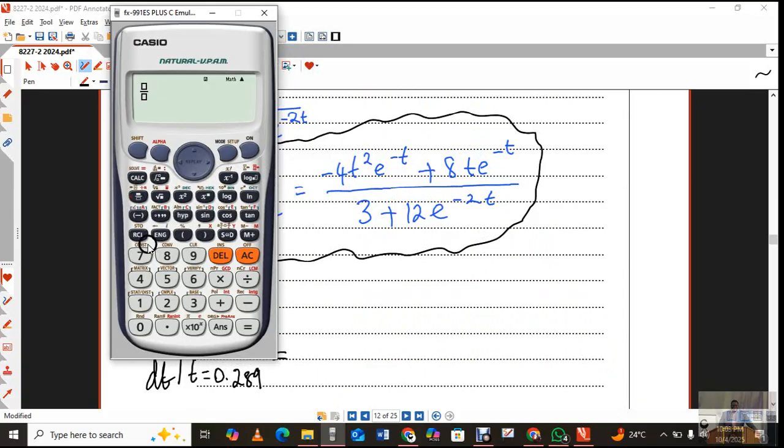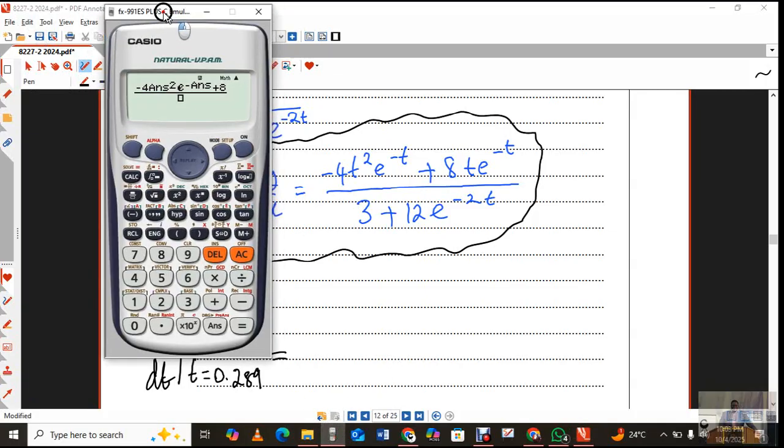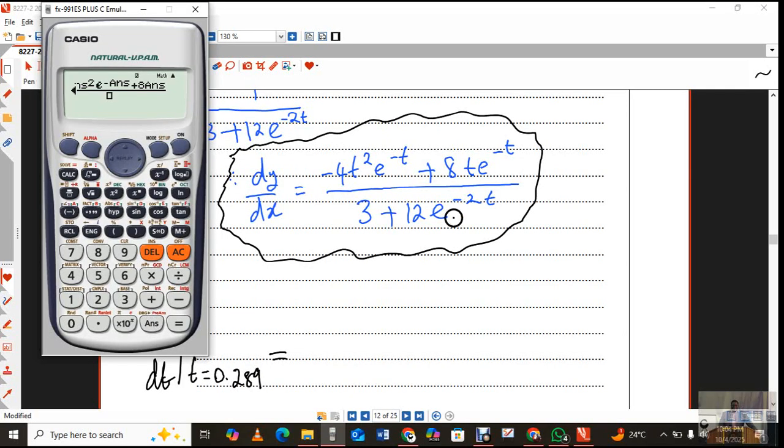What do I get? I have negative 4 answer squared e to the negative answer, plus 8 answer e to the negative answer.